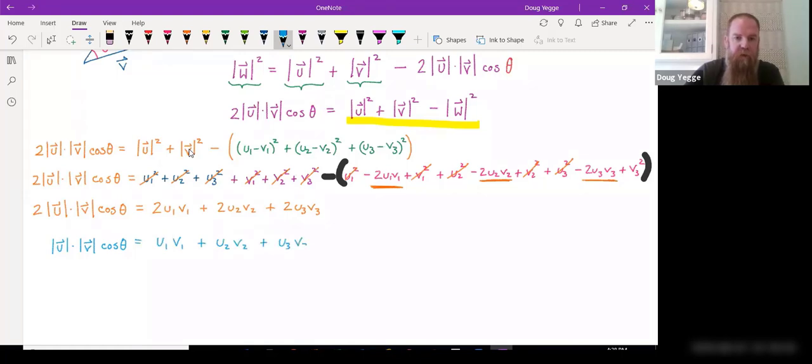And the last thing we have is that cosine of the angle between the vectors is equal to u1 v1 plus u2 v2 plus u3 v3 divided by the product of the 2 magnitudes.